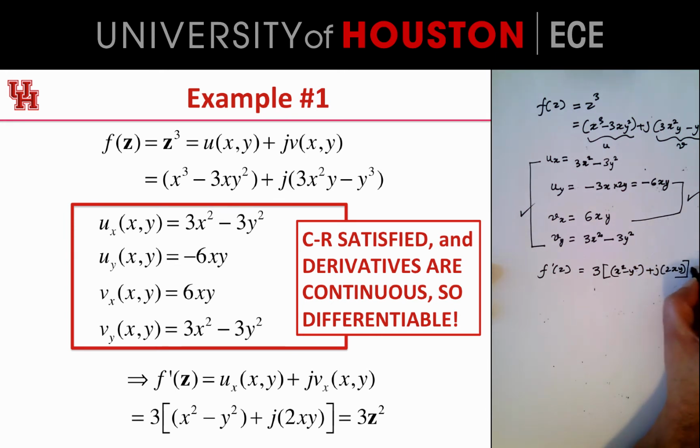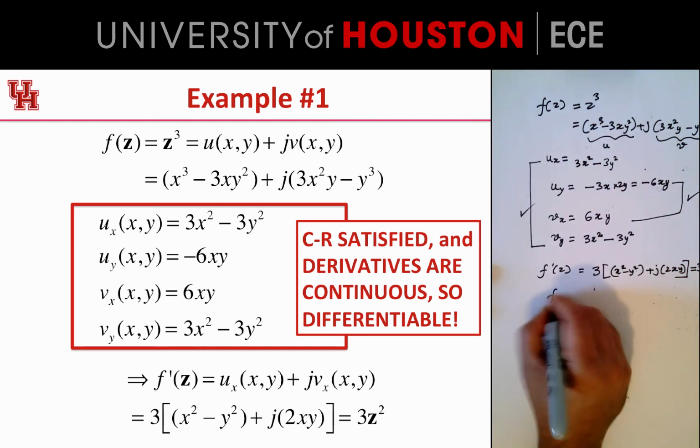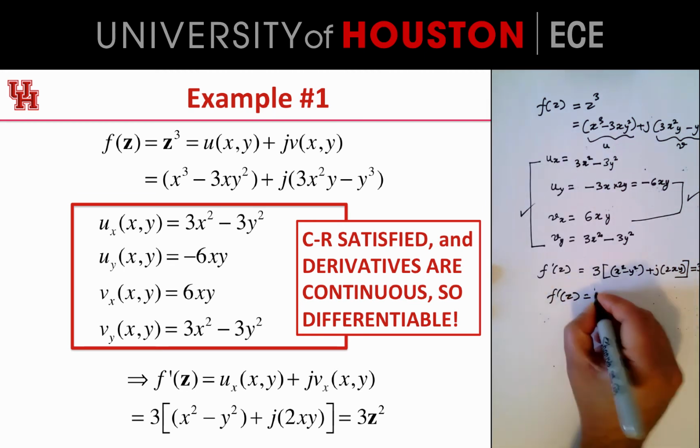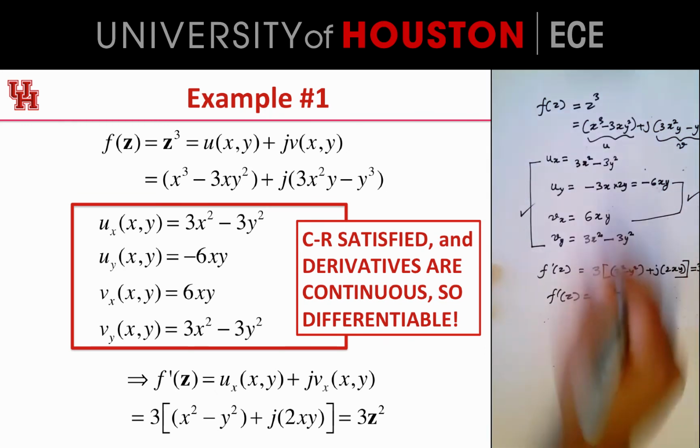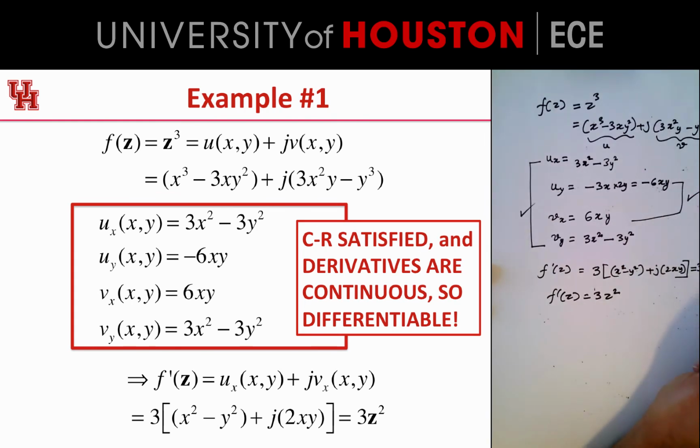And this is actually the same as 3 times z squared. Now if you notice, f prime of z is 3 times z squared. So this is just like real variable calculus. In fact, that's an interesting derivation that we just went through.